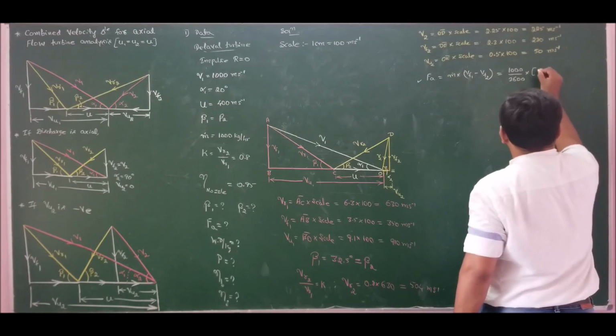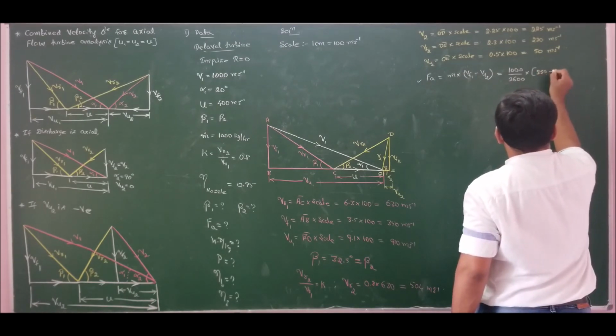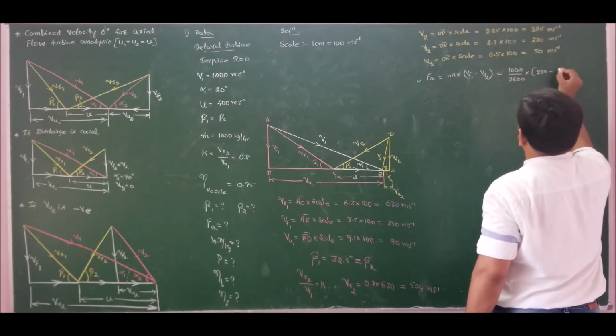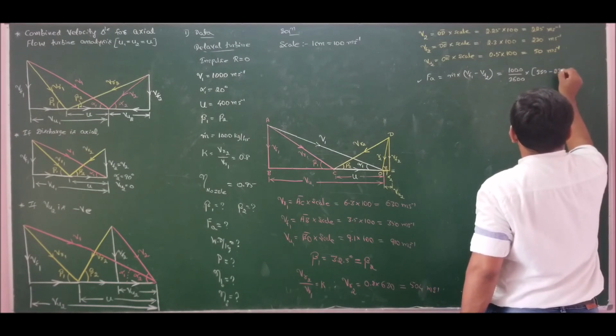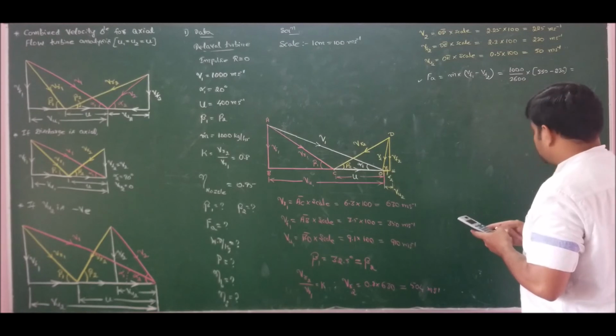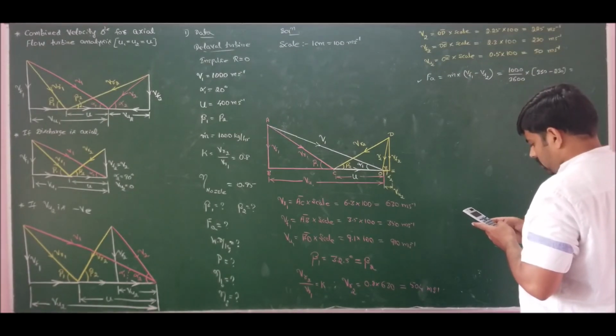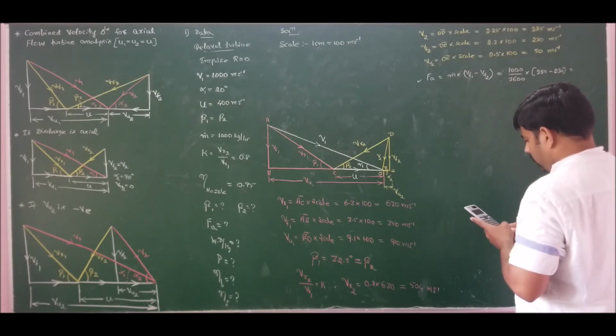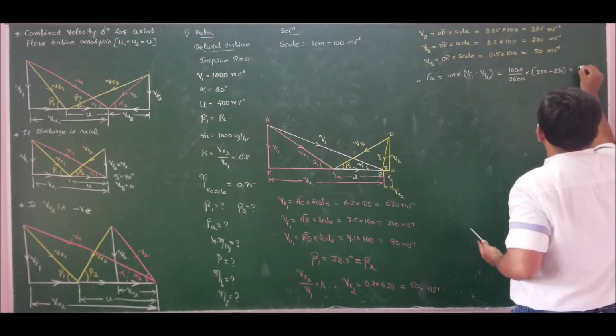From the velocity triangle we found it as 350 minus Vf2 is 230. If I calculate, I will get 350 minus 230 into 1000 by 3600, which is turning out to be 33 newtons.